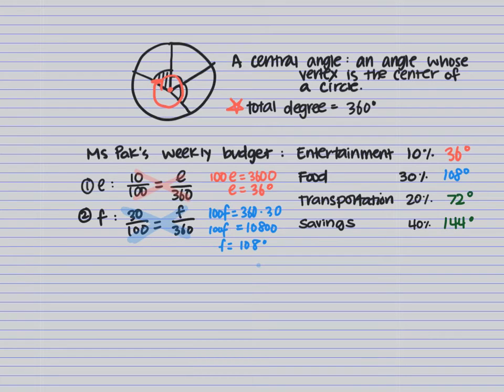Now, in order to find out if you have the right answers, the easiest way is to add all the numbers. If you add all the percentages, you should end up with 100%, and if you add all the angle degrees, it should add up to 360 degrees.